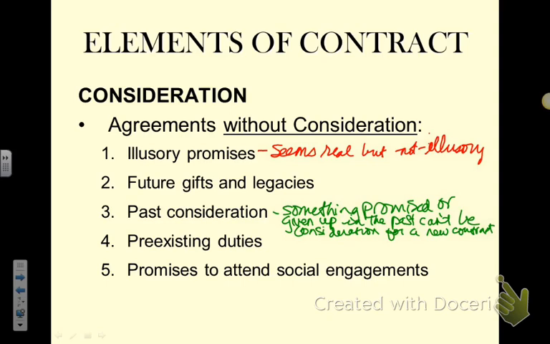Yes? With future gifts and legacies, if you can't do that, then how do wills work? Yes. If you have a will, you can put something in your will that spells out that you're going to give something to somebody, but you can change your will anytime you want. Somebody can't require you to follow through with something that's in your will.